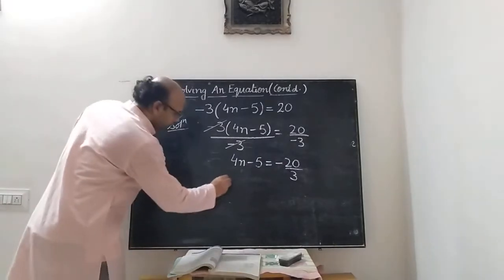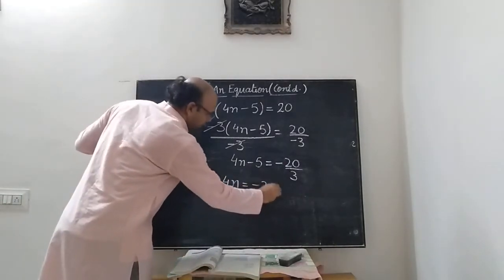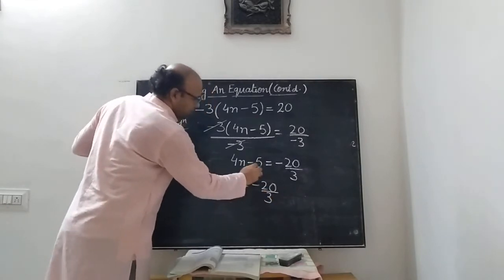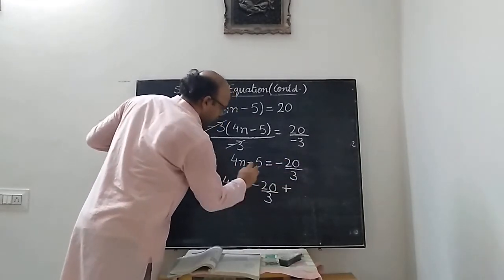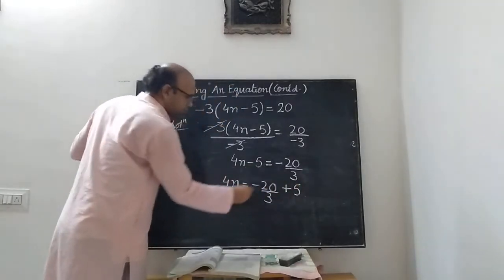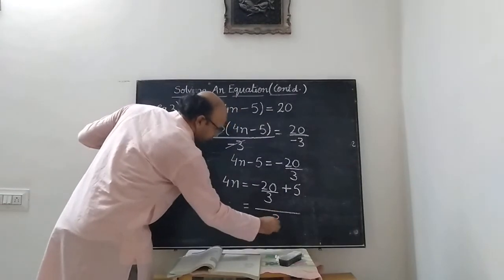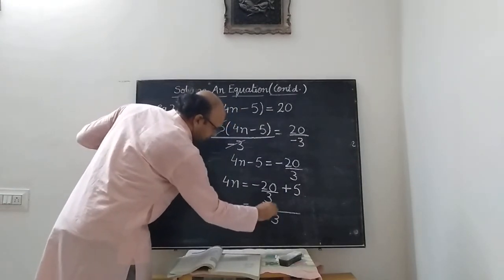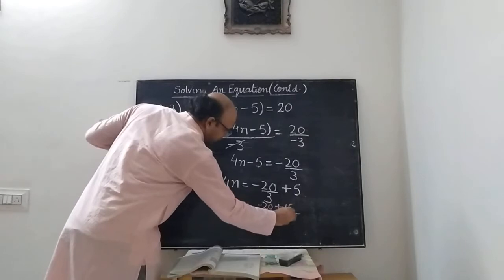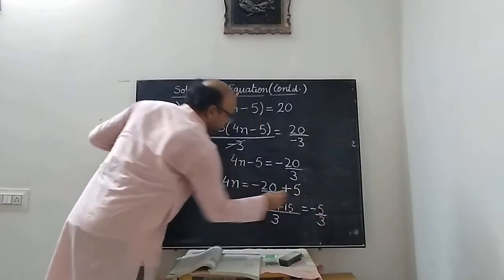So we have 4n is equal to, we are transposing minus 5 to the other side. When we change the side, it becomes plus. Now we take the LCM. 3 minus 20 plus 15 is minus 5 by 3.